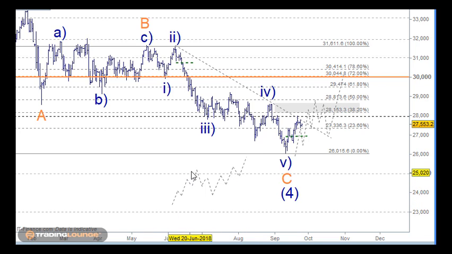Right, so an A and a B and a C wave here. So currently at the moment we've got 3 little waves up here, but this is not big enough here as a wave 4. It's still too small. So really in this pattern here, we're just at the top here. So if we do get 5 waves here, then I know that we'll get a correction, and then we'll get another 5 here.